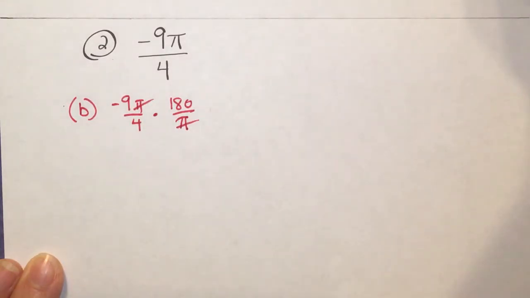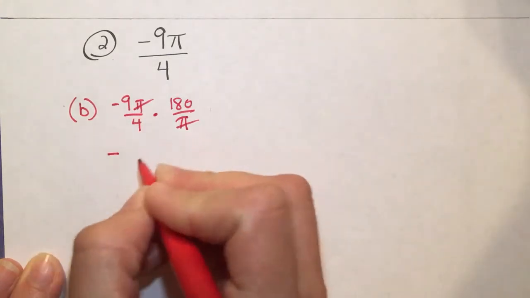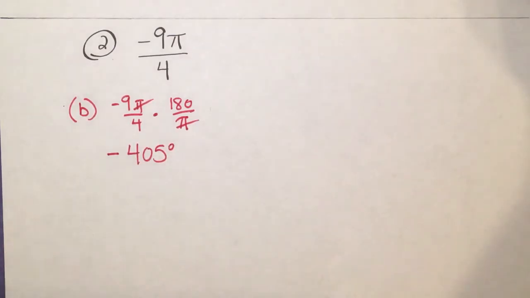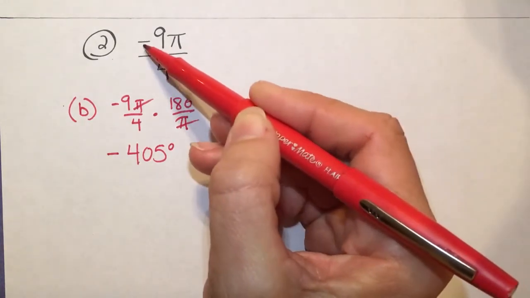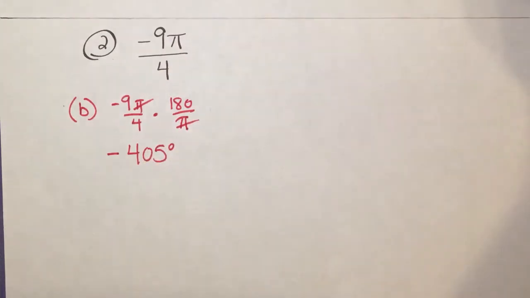So now just do the 9 times the 180 and then divide that by 4 and you get 405. Of course, that being negative, your degree measurement would still be negative as well, negative 405 degrees. Just like a while ago, pi over 4 is 45, so if you do negative 9 times 45, you're going to get the same result.